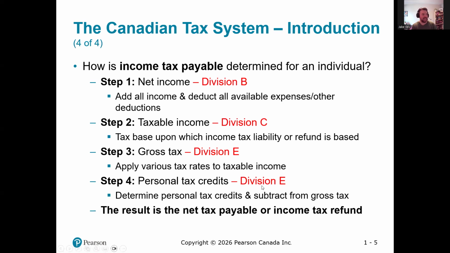And then Division E is where we calculate our gross taxes and what tax credits we can use to reduce it. So right now, pretty much step one is what we're talking about in this chapter. Taxable income we get into in chapter three. Personal tax credits we discuss in chapter four. So we'll take you through these steps, but remember that Division B is where we start, and that is for our net income.